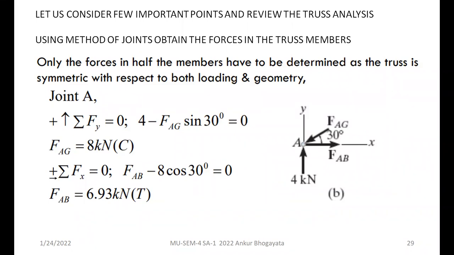Yes. Okay. I think Vishwajit, I have unmuted you. Yes, sir. The force in BG is 2.596 kilonewton in compression, and the force in GF member is 6.501 kilonewton in compression.